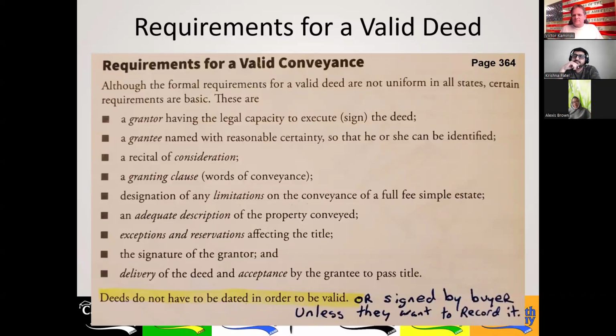It only needs to be acknowledged if they're going to record it in the public record. My question is, how come deeds don't have to have dates in them? When does the transfer of ownership take place? When the seller signs the deed and gives it to the buyer and the buyer accepts. Upon delivery and acceptance of the deed. So that's why it doesn't need to be dated.